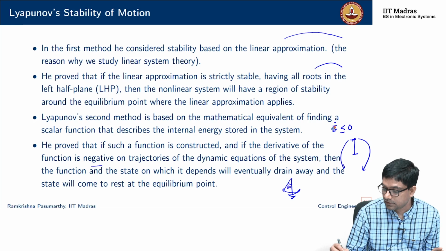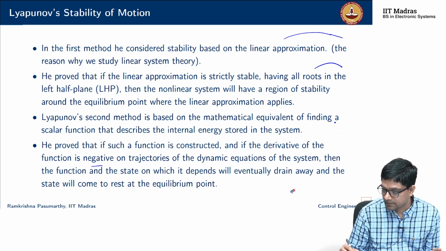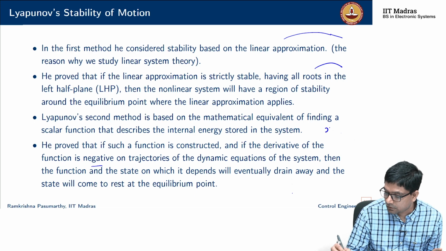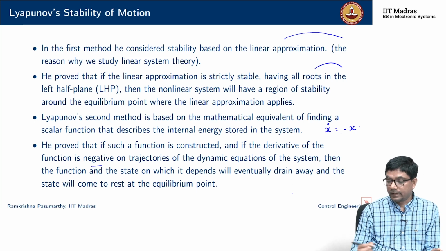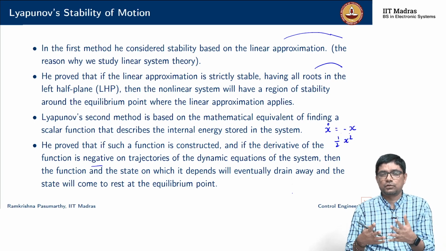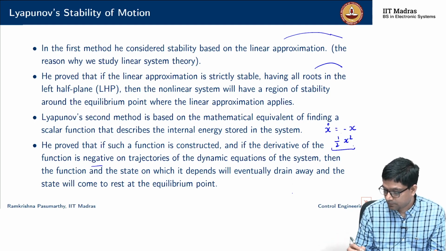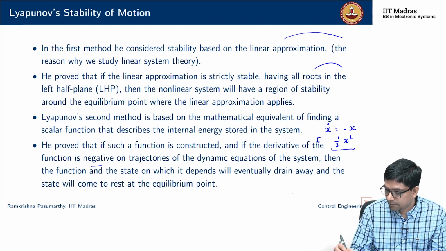Let me take a very simple system, x dot is minus x, and let me associate an energy to it, say half x square. That is what we write, half m v square, half c v square, and let's say it is half x square. Now, I will call this E.